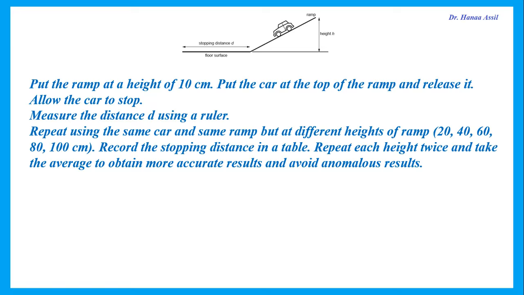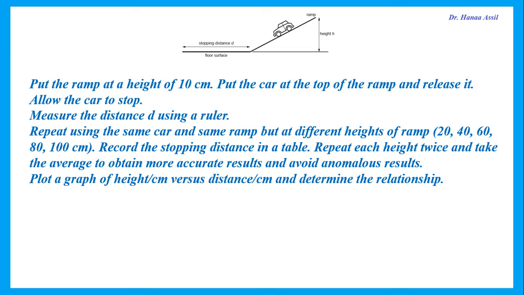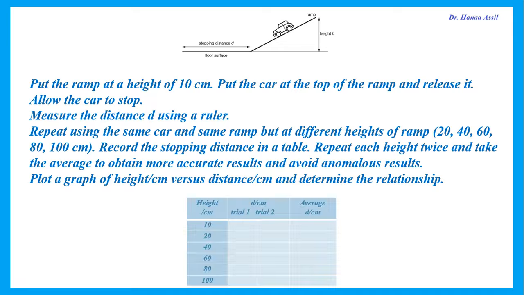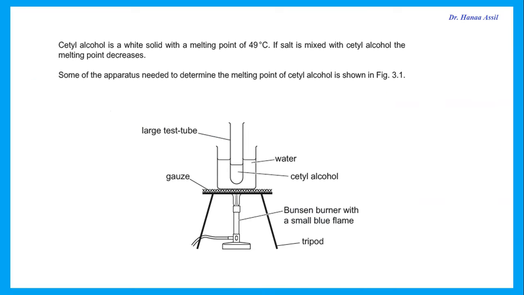Record the stopping distance in a table, and we can repeat each height twice and take the average to obtain more accurate results, avoid anomalous results, and then we will need to plot a graph of height in centimeter versus distance in centimeter. So your table could look something like this. Are we okay with all of this?